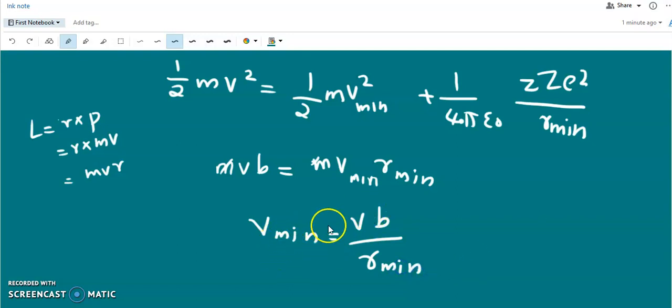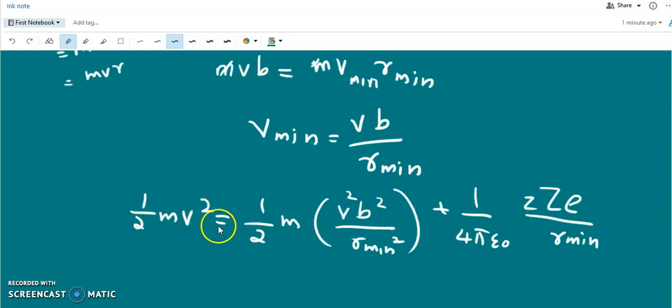Now we can substitute the value of v minimum in this equation, and therefore we get half mv square is equal to half m into v b by R minimum square plus 1 over 4 pi epsilon 0 small z capital Z e square by R minimum. Solving this equation, we can find the value of R minimum for different impact parameters b.